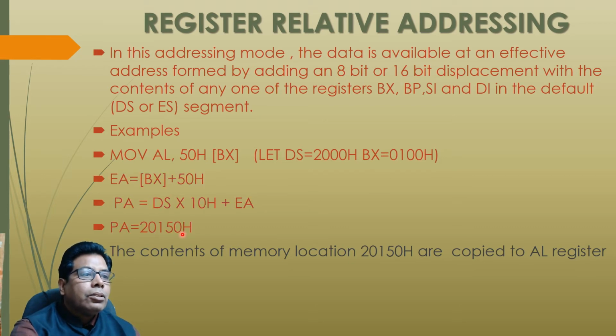So the contents of memory location 20150 are copied to AL register. So when we are giving the instruction, here we are just giving the base register, and the contents of base register are 0100, so they are added with this 50, and then the physical address will be calculated. So we get the physical address as 20150 because the DS is 2000.